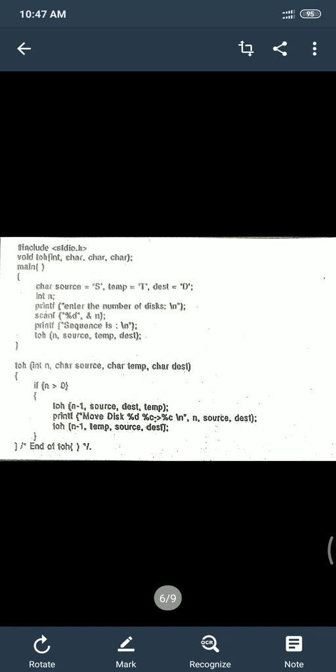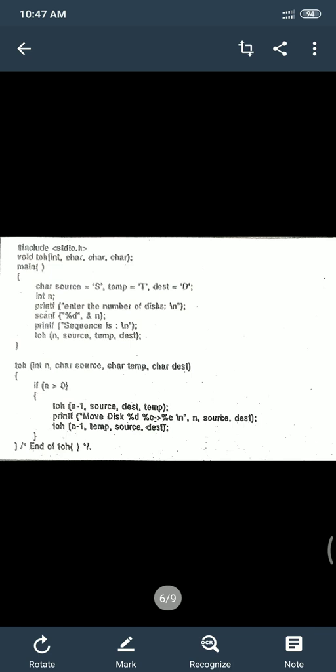One more variable is declared as int n, which is the number of disks placed on the source. Enter the number of disks with scanf n, printf the sequence, and the next is the function call TOH of n, source, temp, destination.